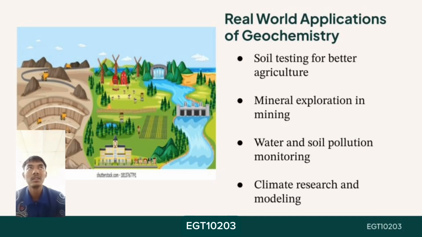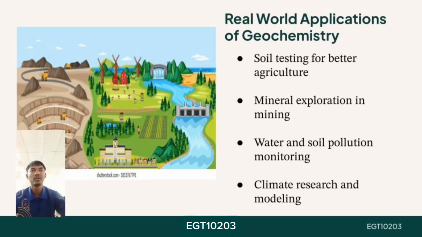Geochemistry is not just theory; it has many practical uses. In agriculture, it helps determine which fertilizers are needed by testing the soil. In mining, geochemical surveys are used to find valuable mineral deposits.